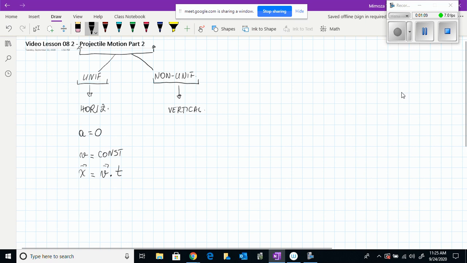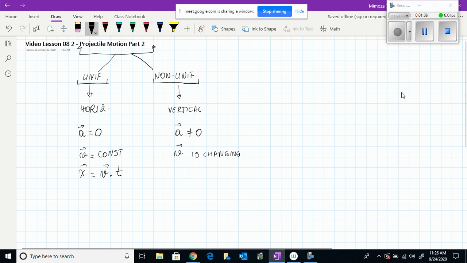And to have a non-uniform motion, that means that the acceleration is not equal to 0, maybe positive, maybe negative. The velocity is changing, and actually the rate of change of the velocity will be the acceleration.